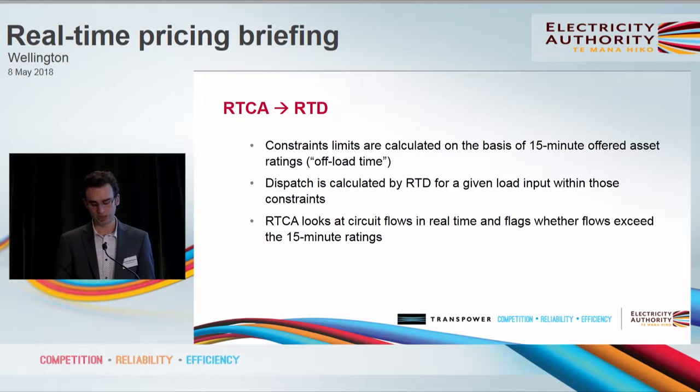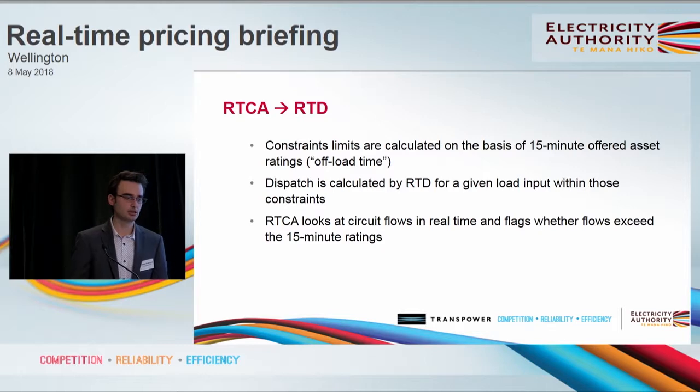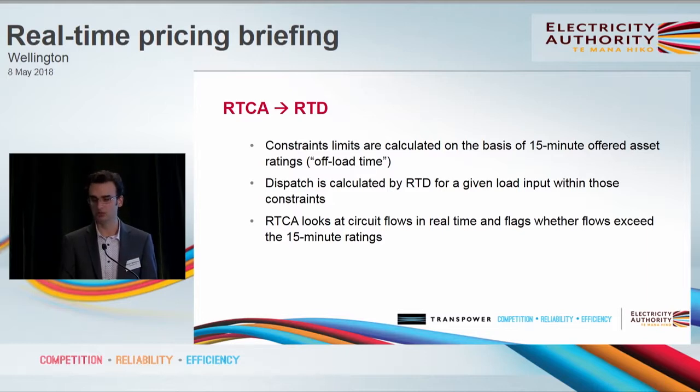And so what we have in real time is that we dispatch for a generation solution that will be applicable to the load that we expect to see in 5 minutes' time. And once we've done that, we analyse the power flows across each circuit, and RTCA, real-time contingency analysis, looks at those circuit flows and says, if one of the parallel circuits to each circuit were to trip, would we exceed the 15-minute ratings of the circuit?